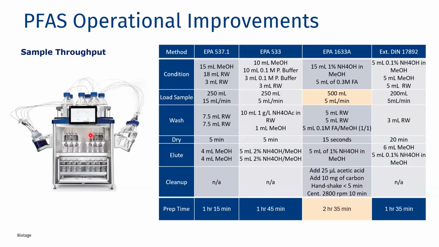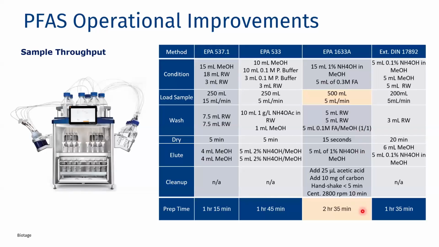So it's an 8-channel system. It processes 8 samples per run. So you're basically taking 2 hours and 35 minutes to process 8 samples, which for some labs might be fast enough and meet their requirements. However, many labs are looking to improve that. And since this is a performance-based method, we can make some adjustments and improvements to make it more streamlined.